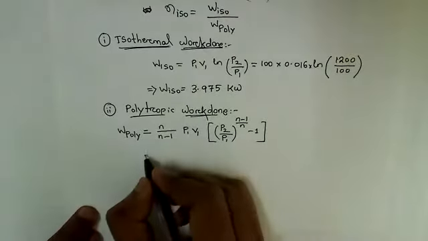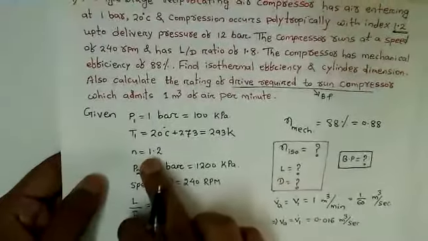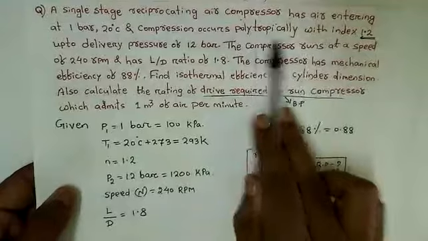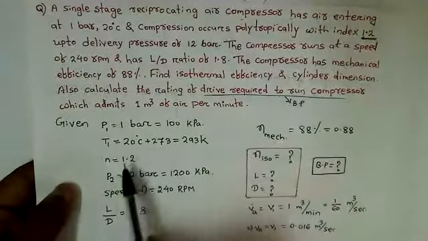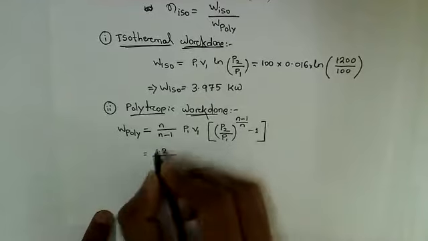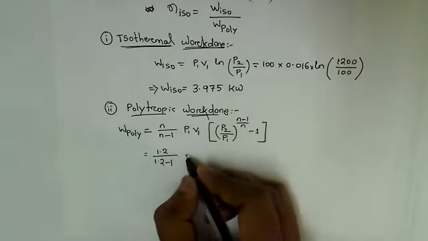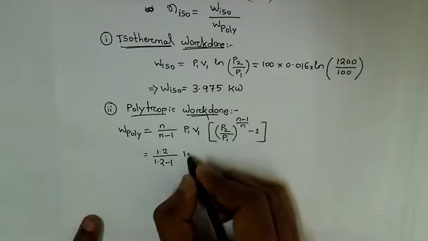Now I will put the values over here. The n value is 1.2, the polytropic index given. So 1.2 divided by 1.2 minus 1.